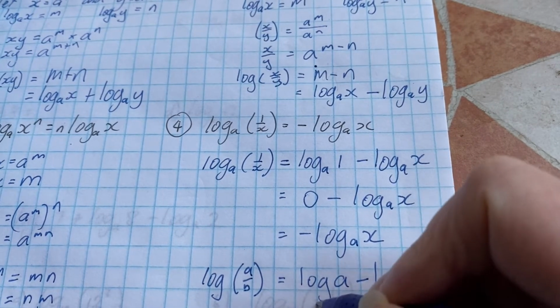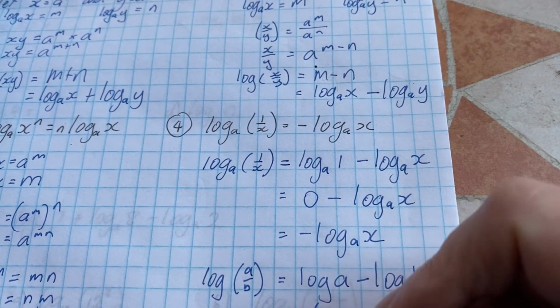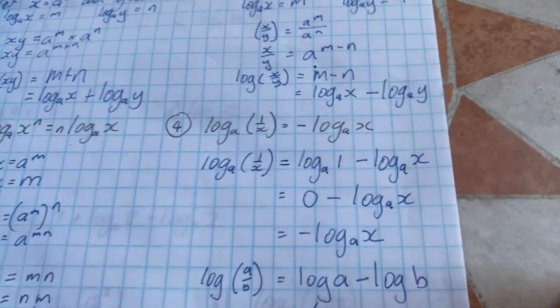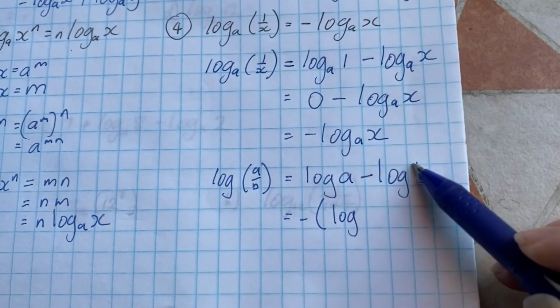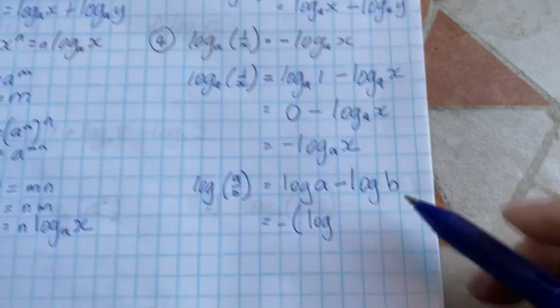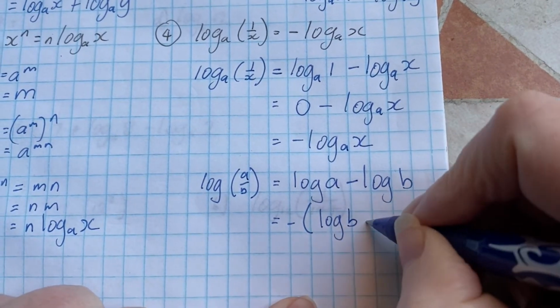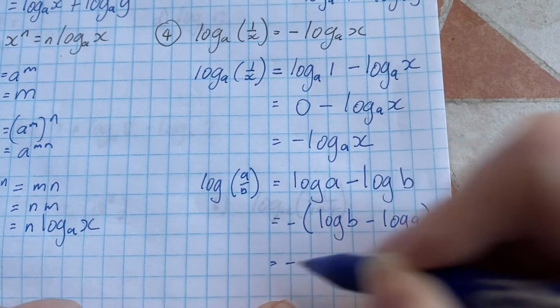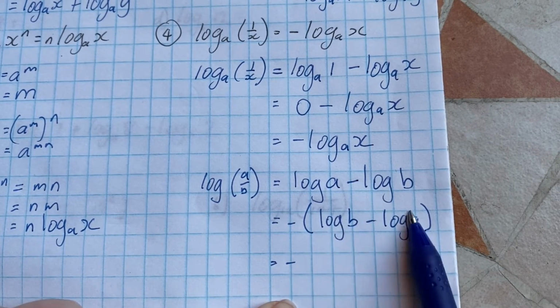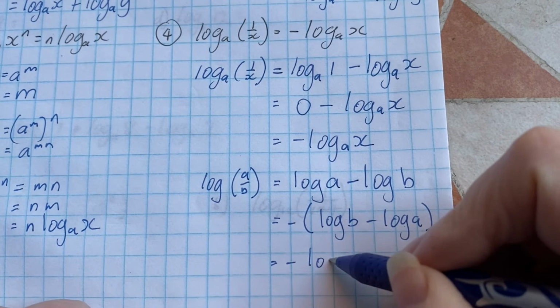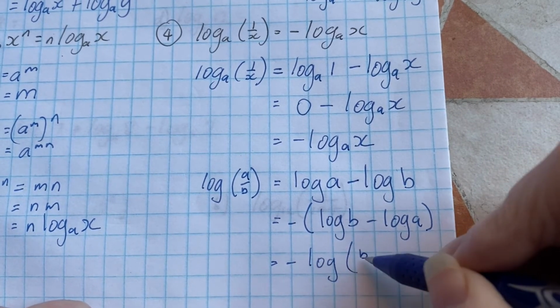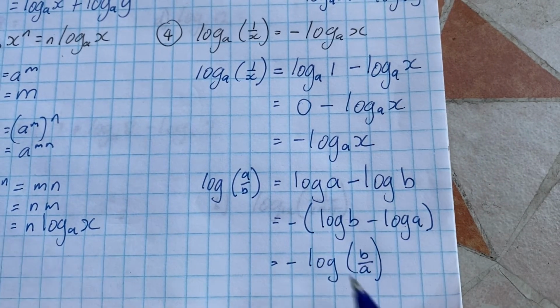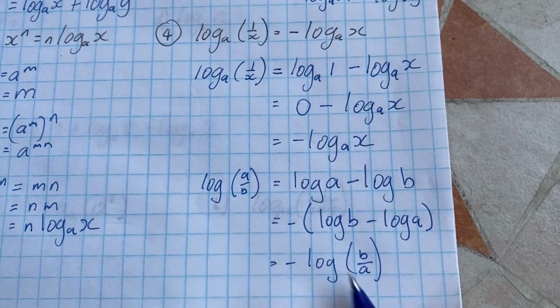That's the same as the negative of, sorry, writing this one first, log b minus log a, and that's the negative of, I'm going to put this one back into a fraction, log of b over a. So that proves that aspect.